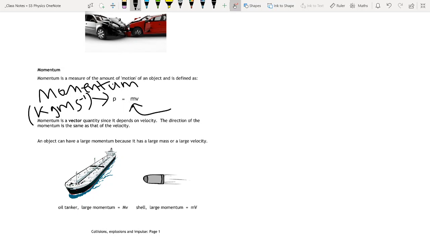Obviously, m is for mass in kilograms, and v is for velocity in the usual meters per second.